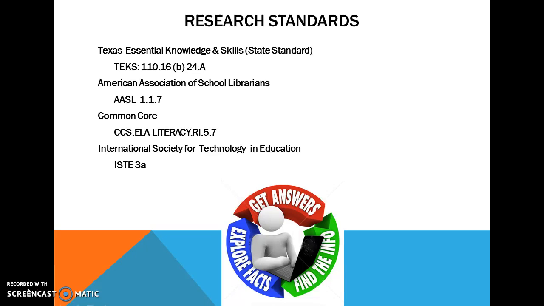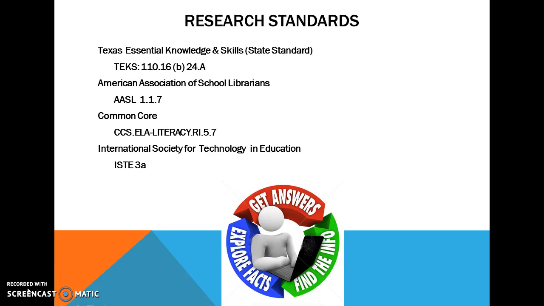The third research standard that supports our Big Six is from Common Core, and that is going to be the ELA Reading Informational Text 5.7 standard. Draw on information from multiple print or digital sources, demonstrating the ability to locate an answer to a question quickly or to solve a problem efficiently.